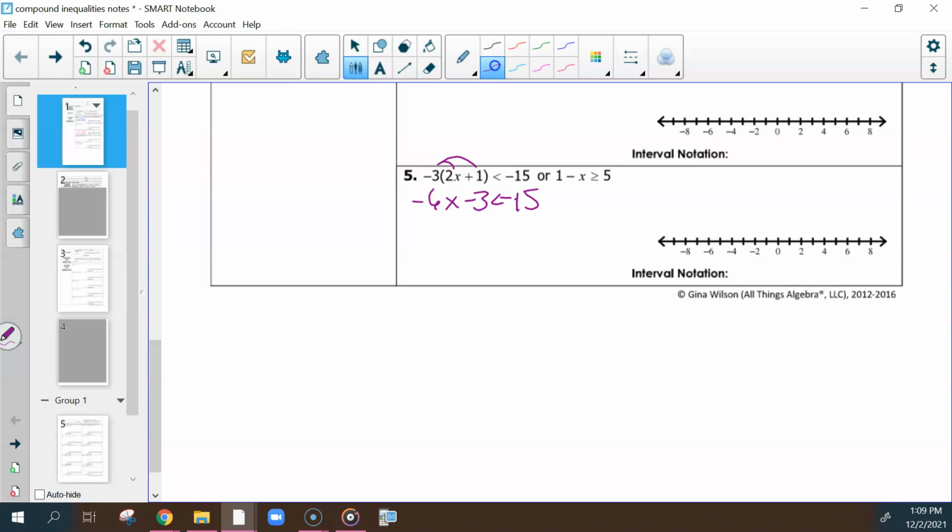And then we could add 3 to both sides. And divide both sides by -6. Here, because we're dividing by a negative, our sign is going to change direction.